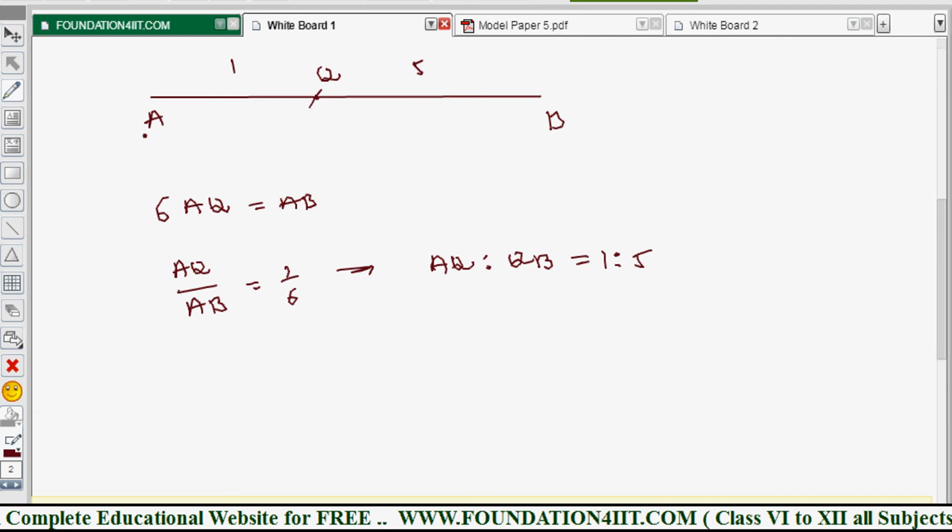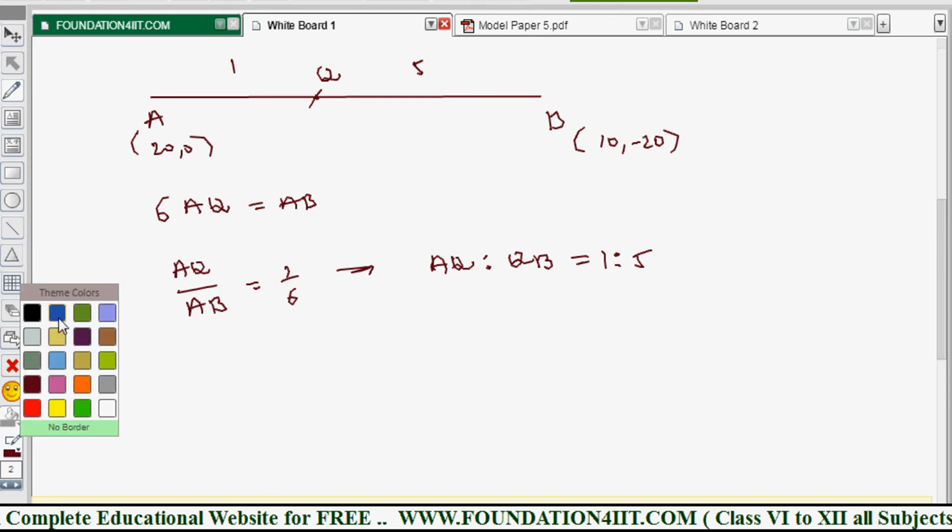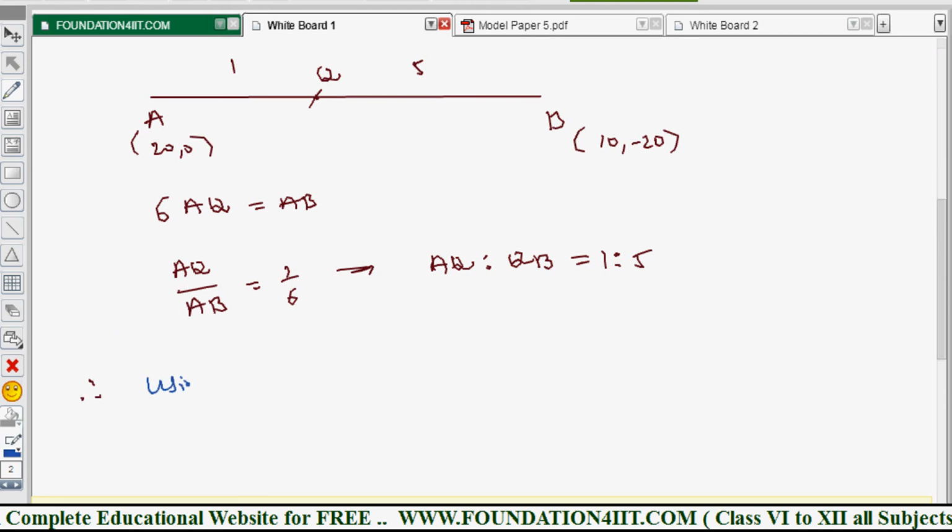Similarly, A and B are fixed. A is the point you have taken, (20, 0) is given, and B is (10, minus 20). Same, using section formula, Q is the same: (mx2 plus nx1) by (m plus n).